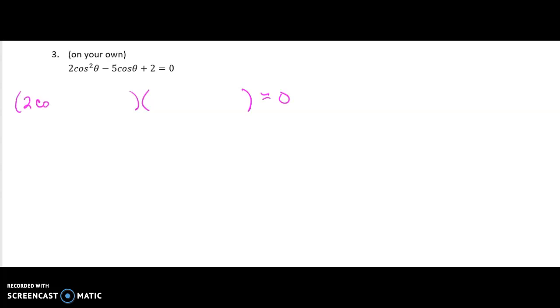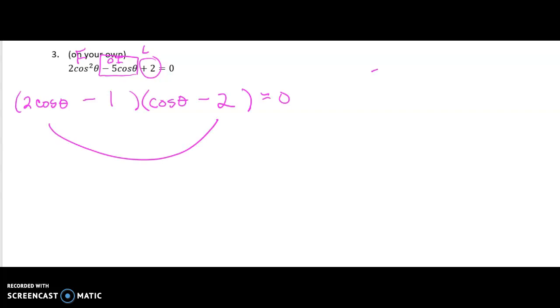So we have 2 cosine theta times 1 cosine theta equals 2 cosine squared theta. Two numbers that multiply together to give me a +2, which means the signs have to be the same, would be a -1 times a -2. That would work. The trick is we want to make sure that outside and inside give me a -5 cosine theta.